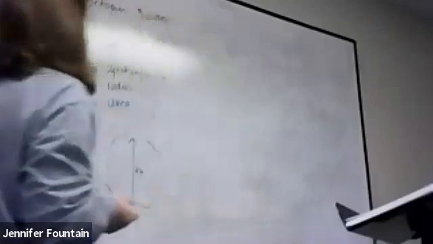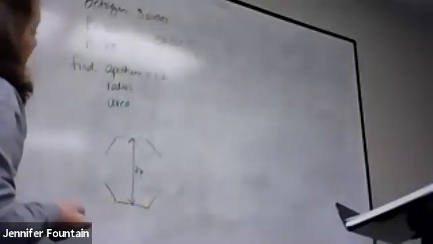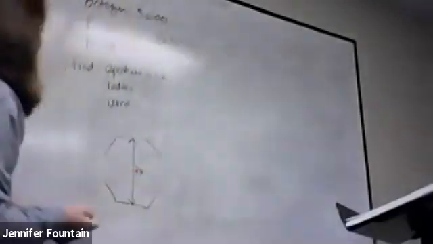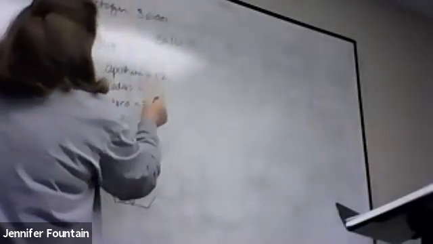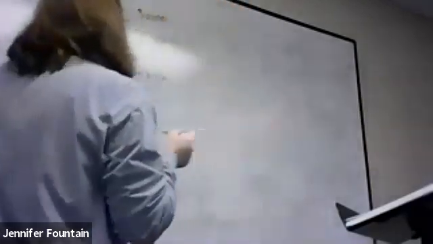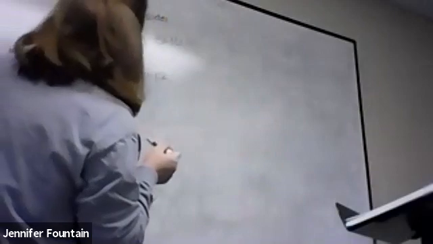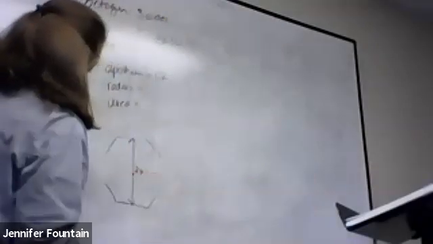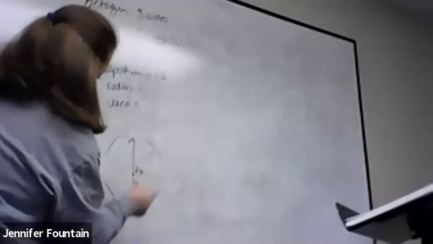So let's think about our radius. If each side is 10, how can I find my radius? Pythagorean theorem. So what do we know? We know our apothem is 12. So we know that this measure is 12.